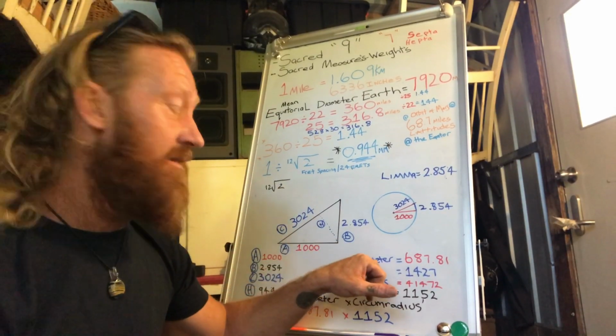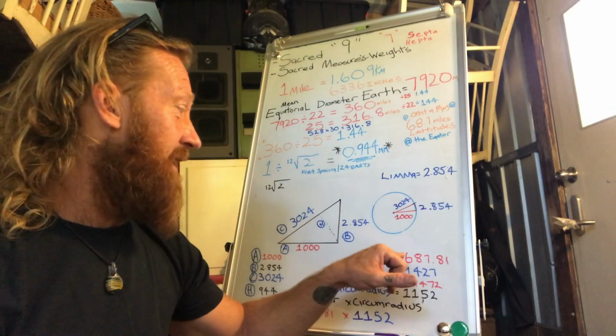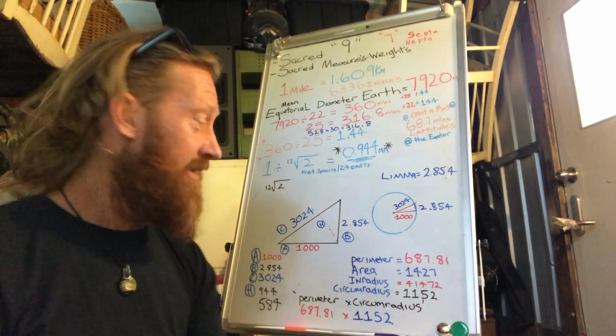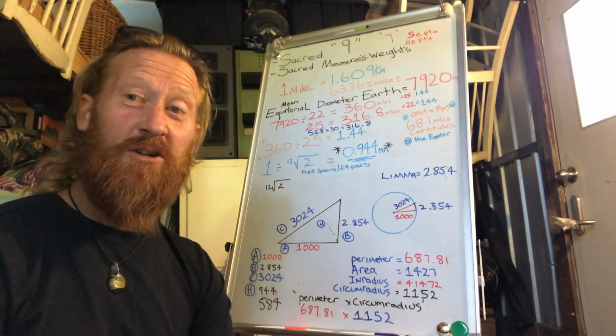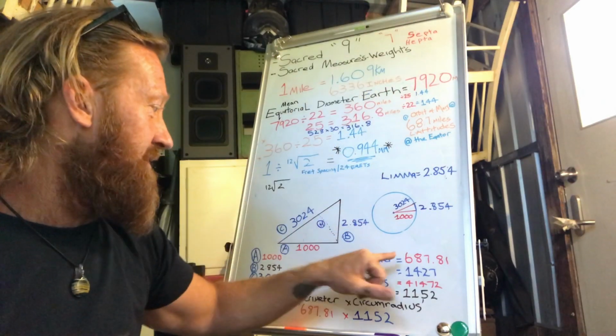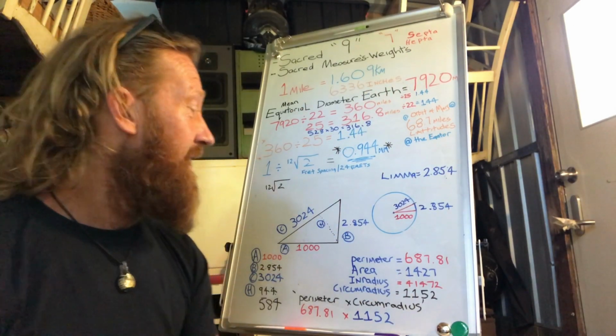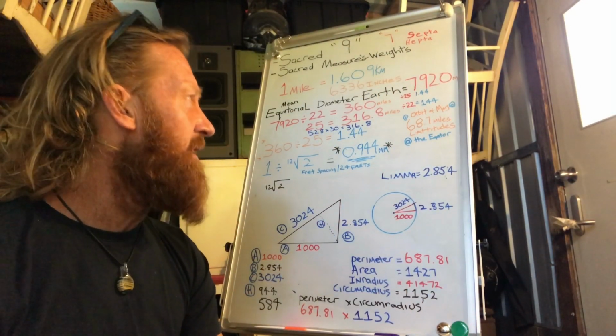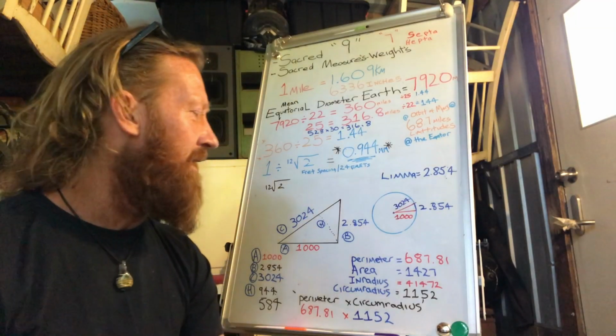The perimeter is 687.81. That is the distance between latitudes, 68.7 miles. It's also the synodic period, or the orbital period, forgive me, of Mars.